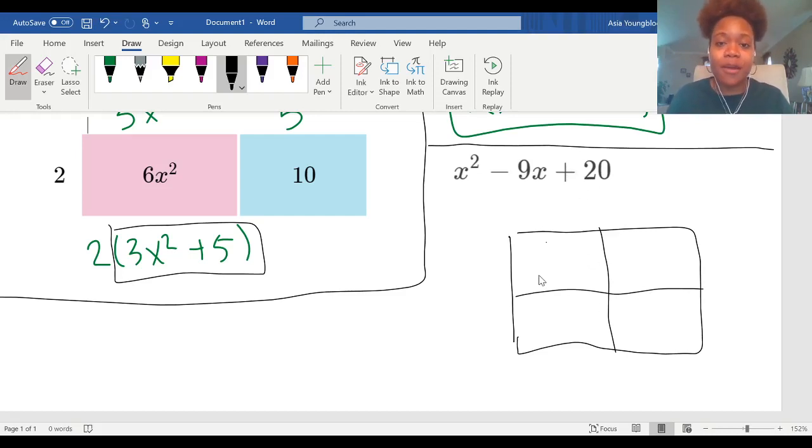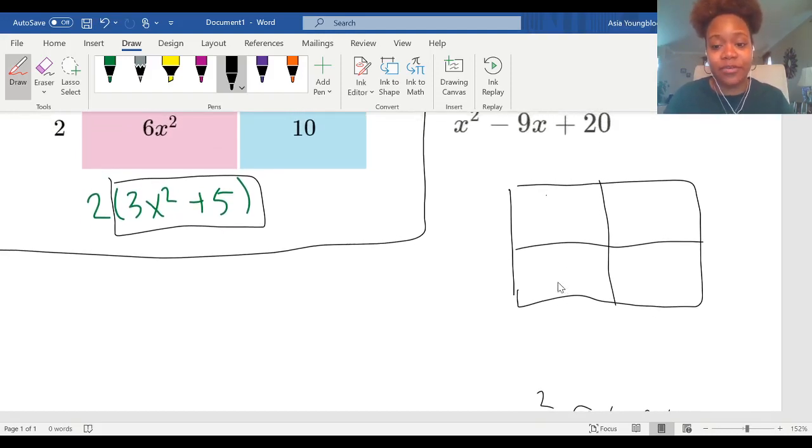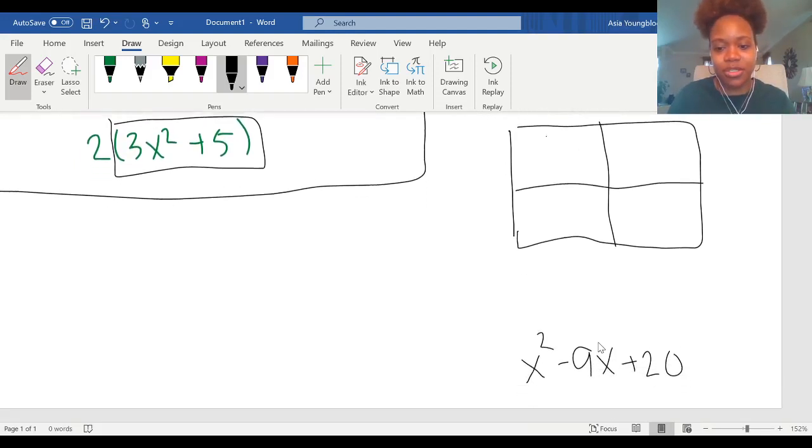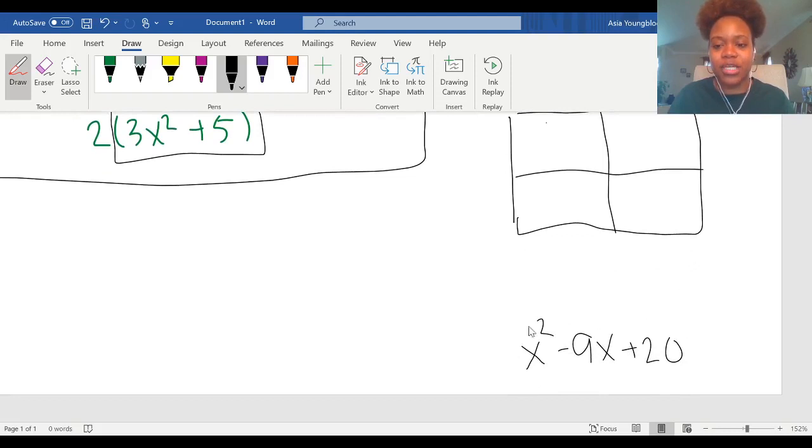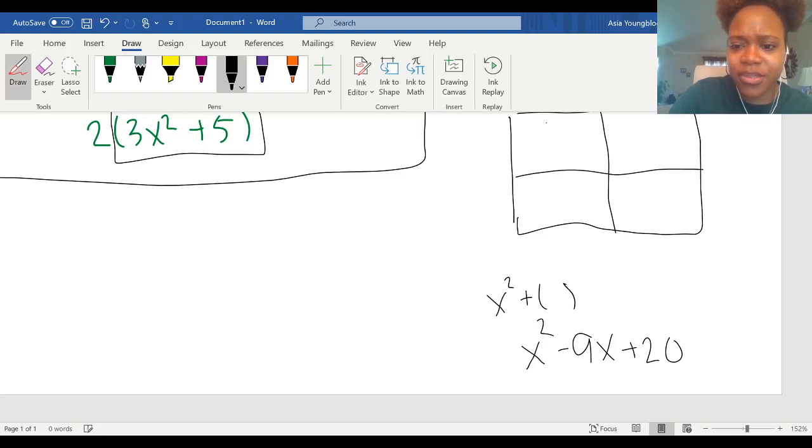And we're still going to use our box method to help us organize our information and figure that out. Let's visualize what we're actually doing here. So this is what we were used to getting for our final answer, but now we're working backwards. So normally in the step before, you would have x squared plus some term with an x plus another term with an x plus 20, right?